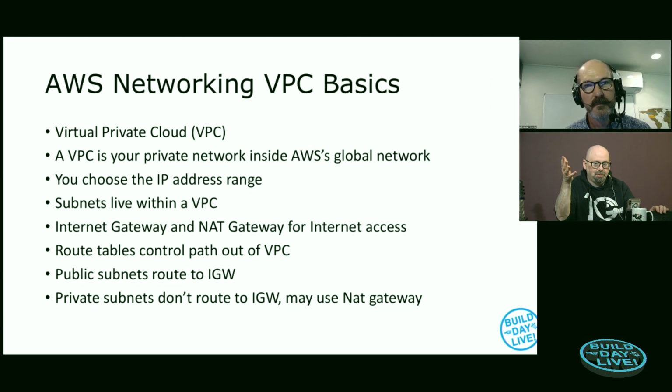Otherwise, you're going to have to destroy that whole segment and bring it back in with the right numbers. And so a little bit of pre-planning is very important in setting up your VPC. But other than that, I get the general idea. I'll probably have to watch this about 2 or 3 times before it really sinks in, of course. But that's the beauty of recording.